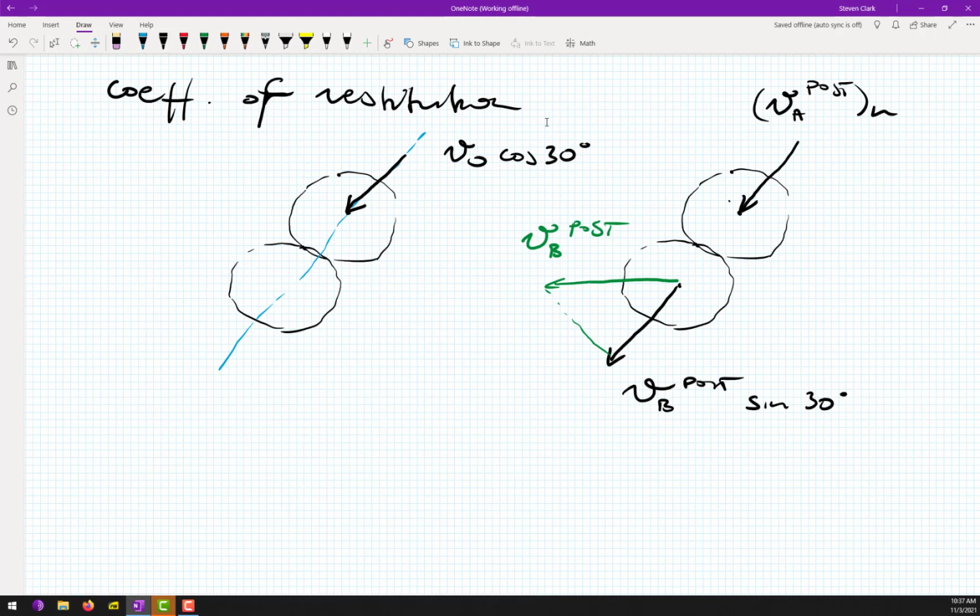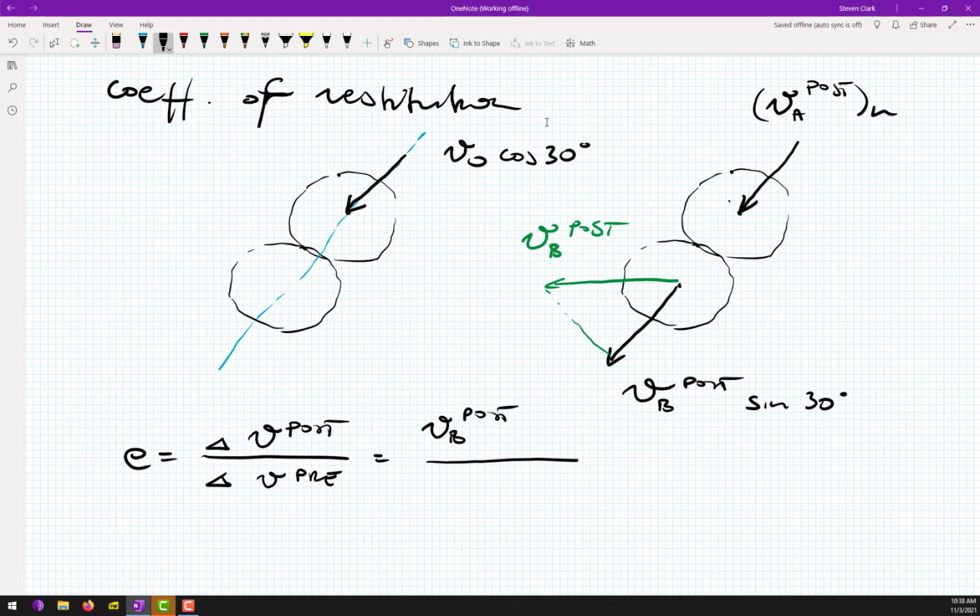Let's erase it. Okay, so what is our coefficient of restitution equation? It was e equals delta V post divided by delta V pre. So we know that this will be VB post sine 30 degrees minus VA post N, over V0 cosine 30 degrees minus 0.